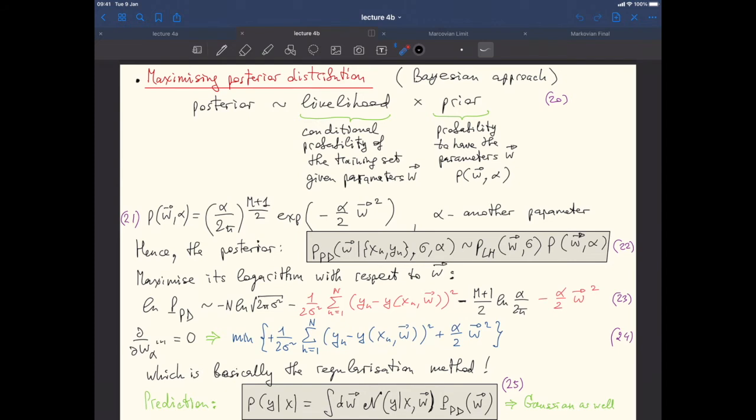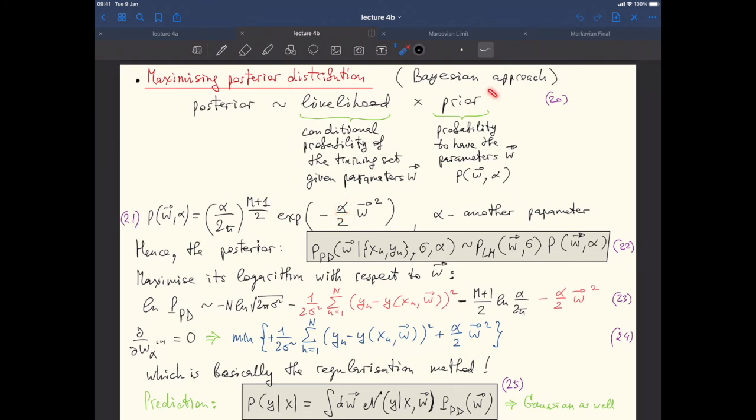It is based as a product of a prior distribution, which depends entirely only on parameters, and it is given by this multidimensional Gaussian function, and contains an additional parameter alpha.